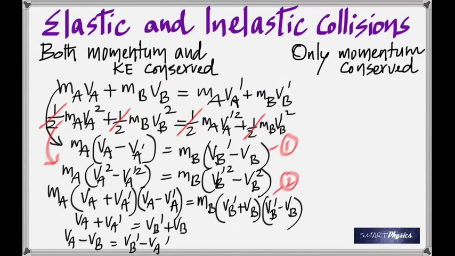Perfectly inelastic means maximum kinetic energy is lost. So now I've given you the difference between perfectly elastic and perfectly inelastic. E is equal to 1, elastic. E is equal to 0, perfectly inelastic.